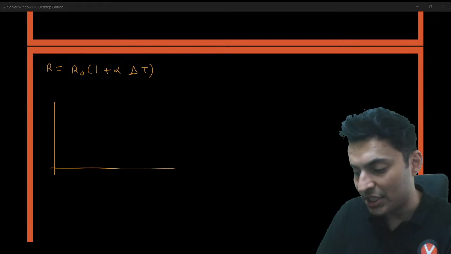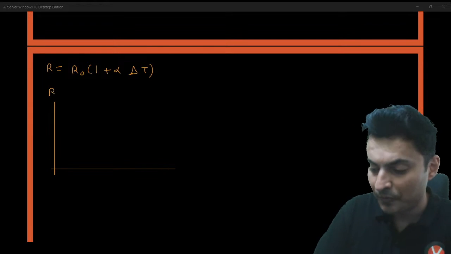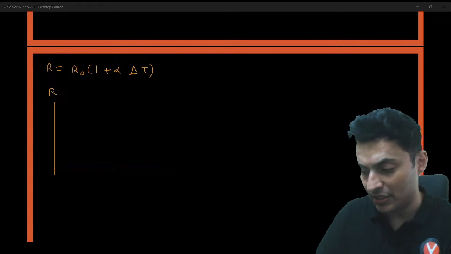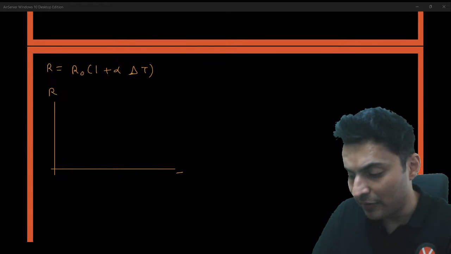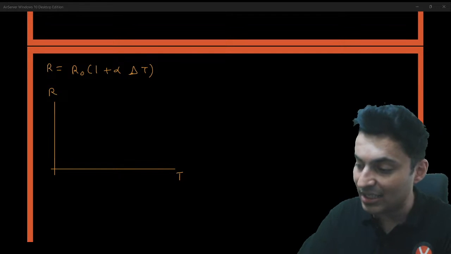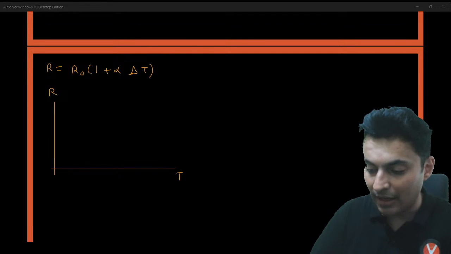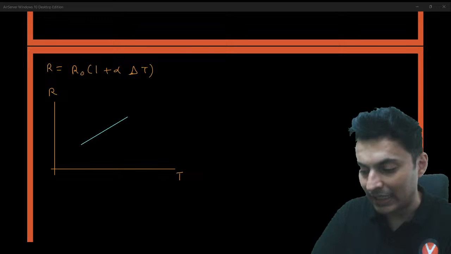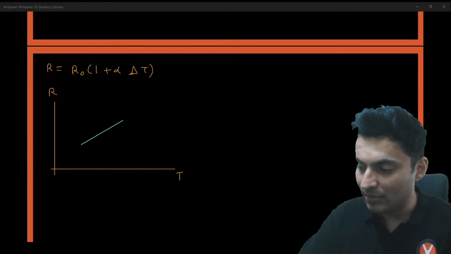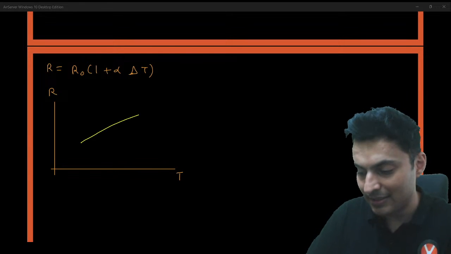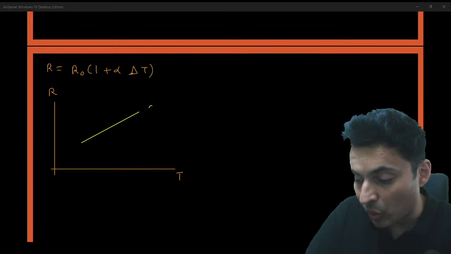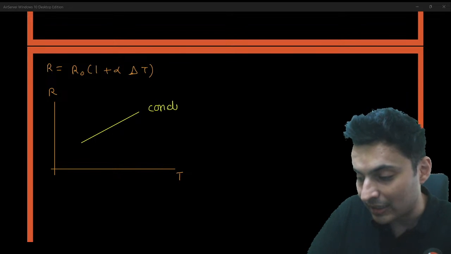When you change the temperature, the resistance also changes. If you plot the graph of resistance with respect to temperature, the graph will look something like this. But this is only true for conductors.